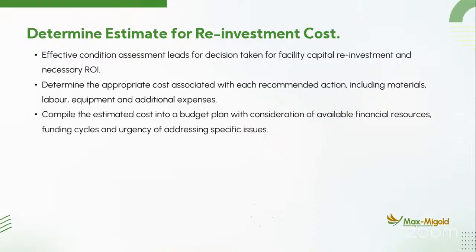Those additional costs could be the cost of renting scaffolding for the painting. It could be the result of renting a crane. It could be as a result of renting an IAP. So these are other additional associated costs. Or it could be a cost that will involve bringing in an expert from outside the country, or bringing an expert from outside the state to come and work on that facility.